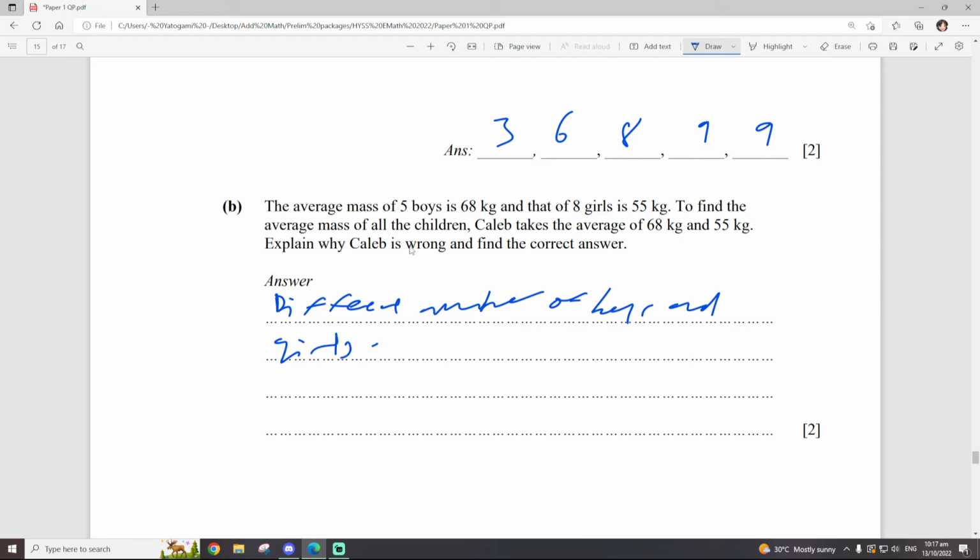The correct average is to find the total mass of the boys and the total mass of the girls and then divide by the total number. So that would be 5 times 68 plus 8 times 55, then divide by 13. Okay? That looks like a plus. It's a times.